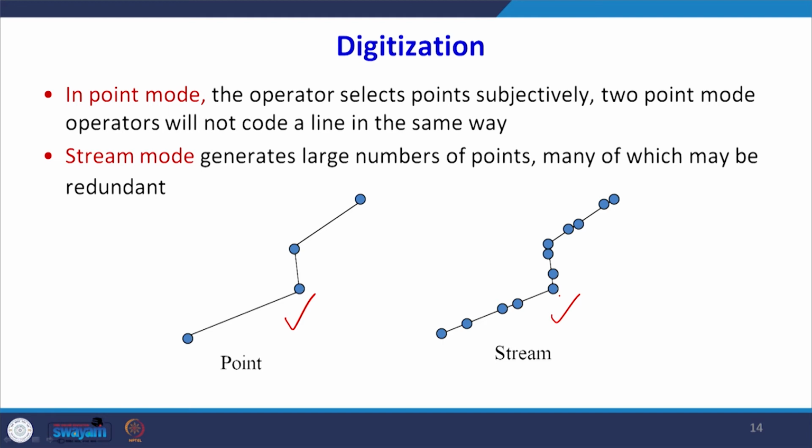Wherever there is a curvature, you take more number of points. Wherever there is a straight line, you just take 2 points at the end of the straight line. But in stream mode, irrespective of the line which is taking the curve and which is taking a turn, it will keep on taking the coordinates of those points. So it will generate a large number of points for the same feature.